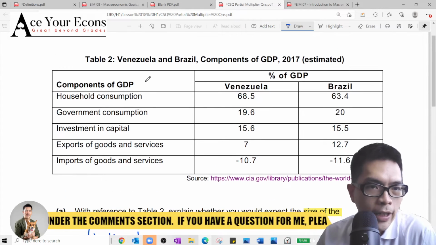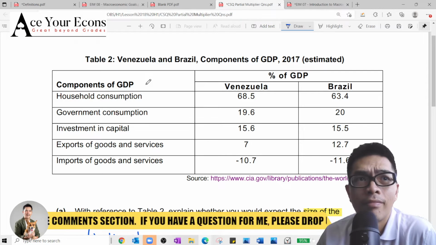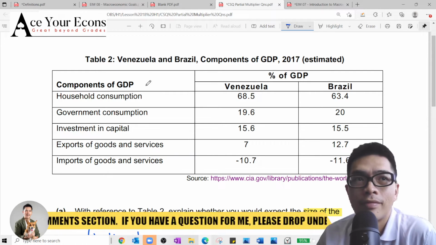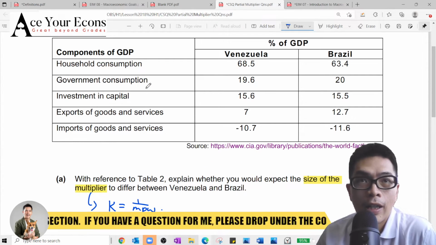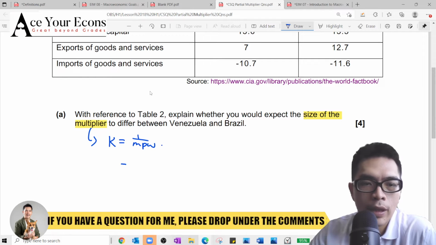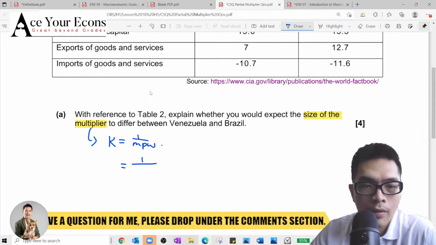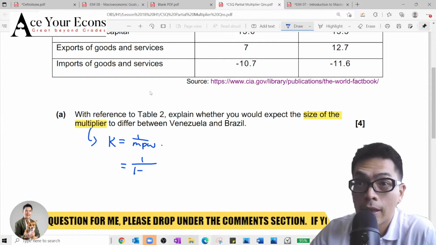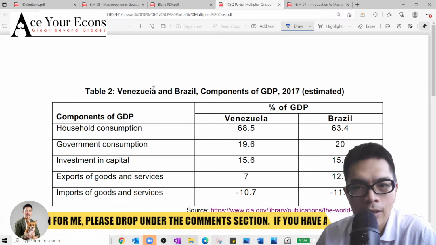But if you look at the extract, do you see any W's around here? Not directly, right? So now let's explore further. Other than MPW, are there any other components that we need to know about? 1 minus MPC.